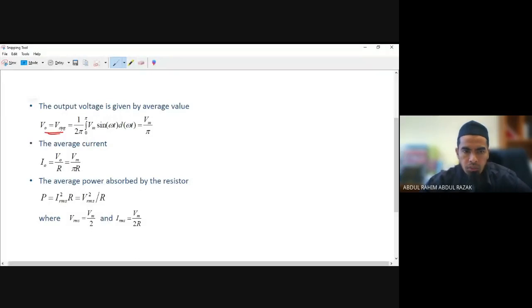So this is your average, this is your average as well, and this is your peak. This is Ohm's law, V equal to IR. If you want to find I, it is equal to V over R. This is your V naught and this is your I naught.